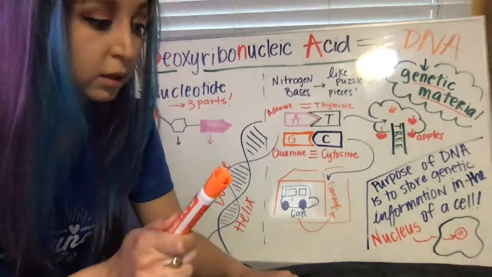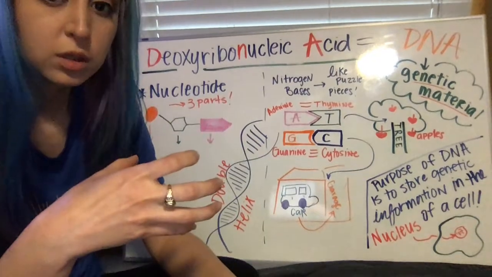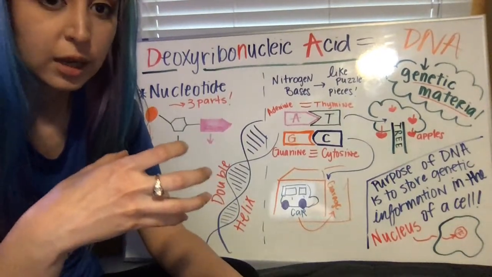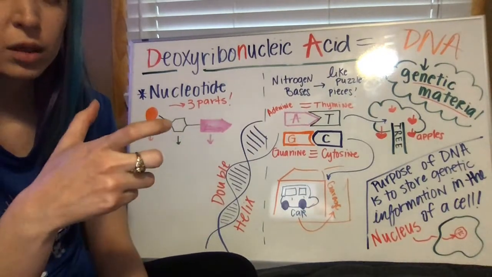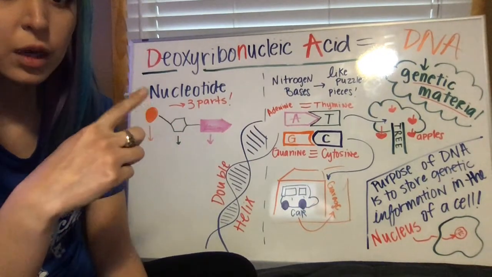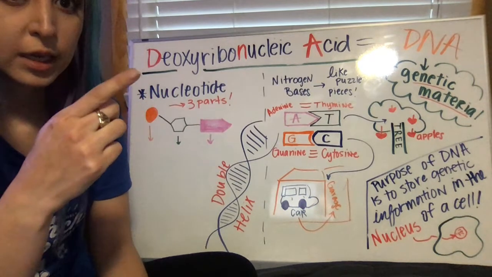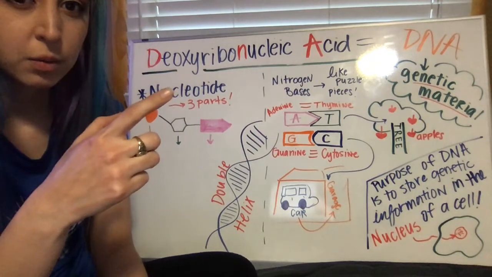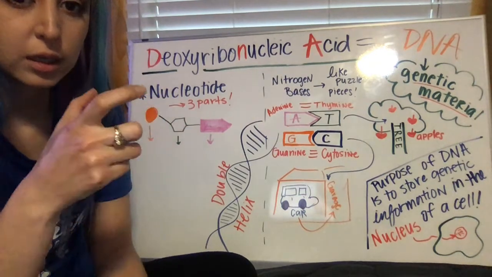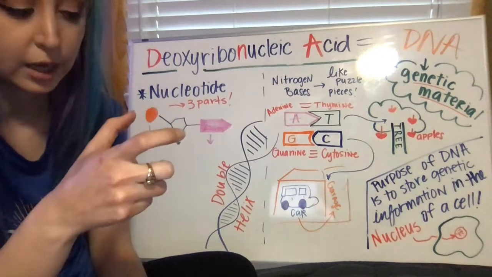But we're going to dive in a little bit more into the composition of deoxyribonucleic acid, which is made up of nucleotides. And this is a word that will be in your quizzes. A nucleotide has 3 parts, and a DNA strand has many of these nucleotides. So we think of a nucleotide as a building block of DNA.